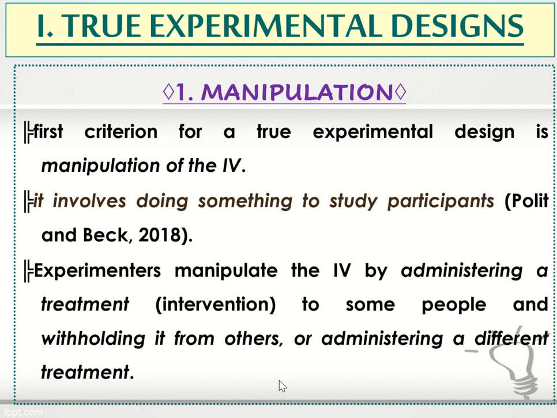So the experimental treatment in nursing research usually concerns some type of nursing intervention. The researcher manipulates the IV or nursing intervention by administering it to some subjects and withholding it from others. The DV naman or the effects of the nursing intervention is then observed.